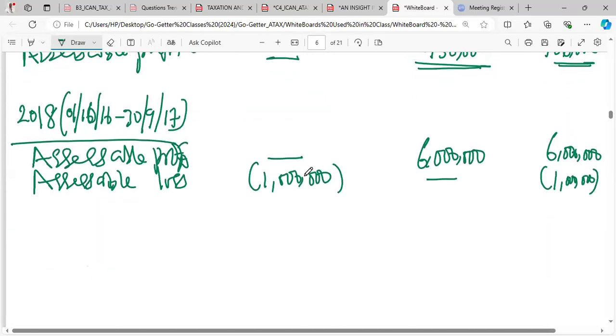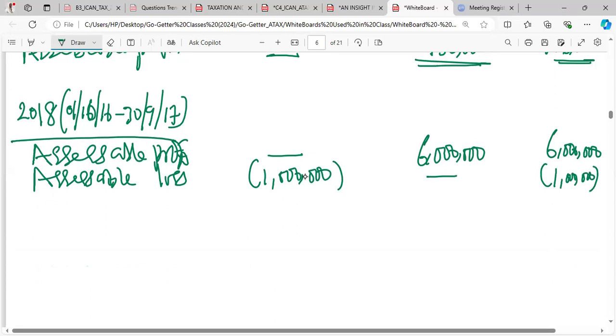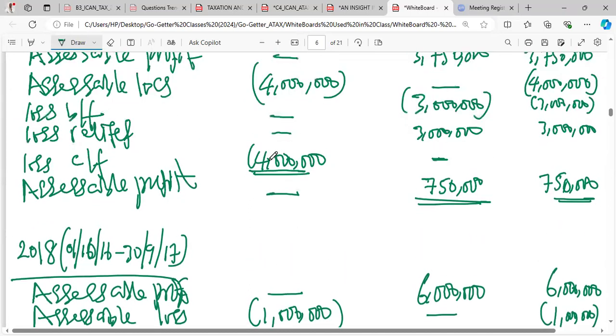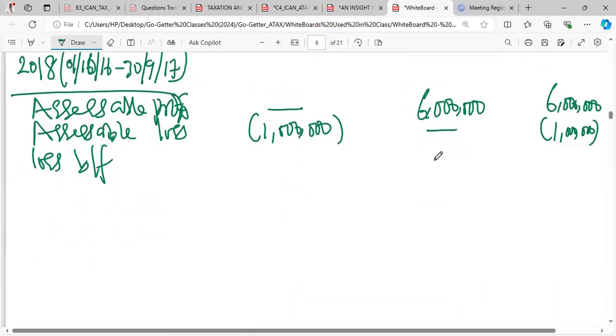All right. What do we need to do? Loss brought forward. What is the loss we are bringing forward? We are bringing forward for rice 4 million, for beans nothing. Loss brought forward 4 million. Here nothing. So this 4 million here, we cannot relieve it.